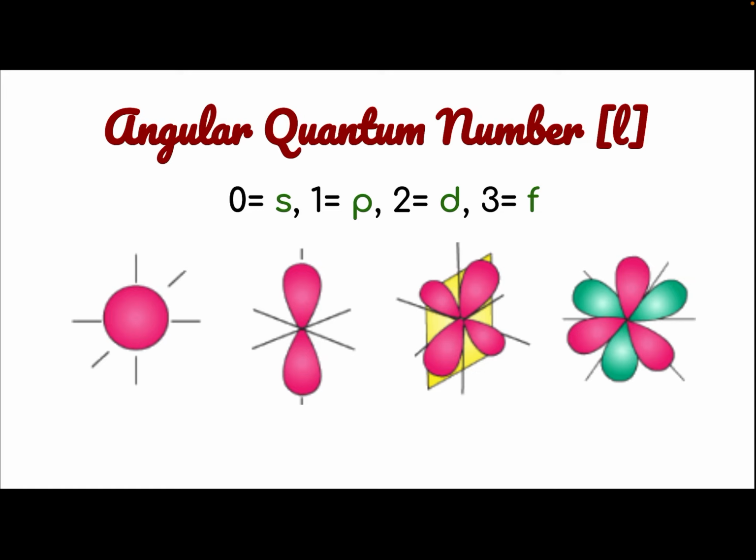Next, if the value is 2, then the shape is called D shape. Again, pag value ay 2, the shape is letter D. In the D shape, the shape is commonly described as parang flower, no? Parang petals ng flower, 4 petals. And then, pag ang value naman ay 3, the shape is called F shape.